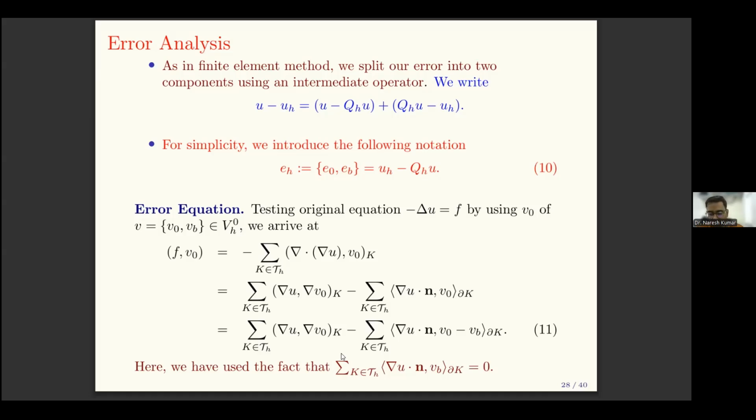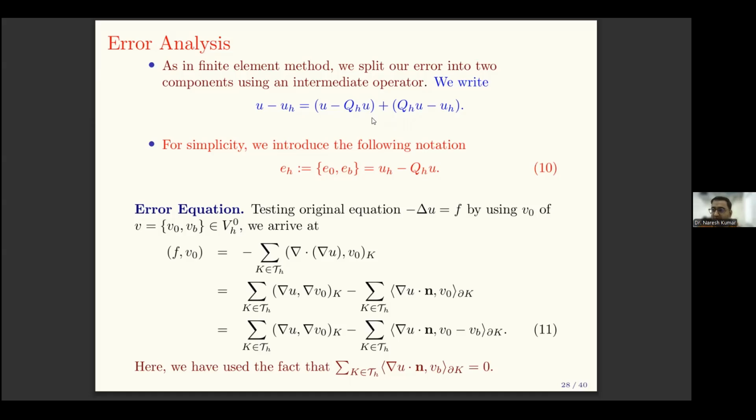I already discussed that in every method, sometimes it is difficult to calculate the direct error, so we add some interpolation. Here I add the L2 projection as the intermediate operator. Why is it helpful? Because if you add and subtract QHU, then u minus uh can be split into two parts, u minus QHU and QHU minus uh.